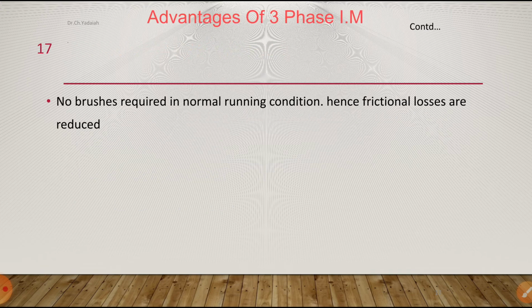At the same time, no brushes are required in normal running condition and frictional losses are reduced, whereas DC machines require brushes, and a synchronous motor also requires brushes and slip rings. Here in this case, there is no need of slip rings or brushes.